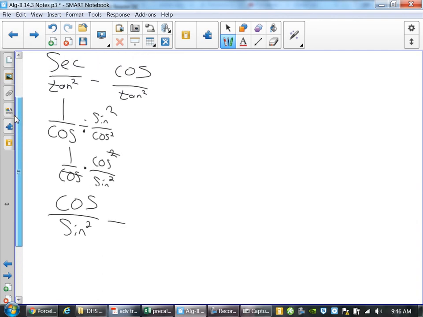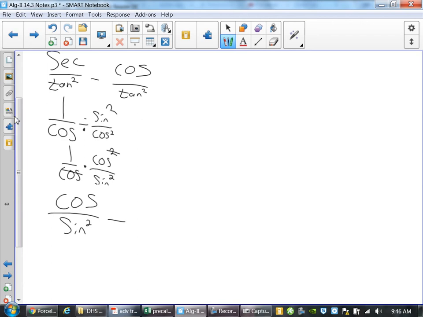I'm going to do the same basic stuff with the other fraction. Go back up here. Cosine is already written as cosine. Tangent squared is not. So I'm going to split them apart. I'm going to have cosine over 1 divided by sine squared over cosine squared. Now, if you want to automatically rewrite it as multiplying by the reciprocal as you start, by all means, go for it. I don't mind showing the extra step to make sure that I don't forget. So now I multiply it out.